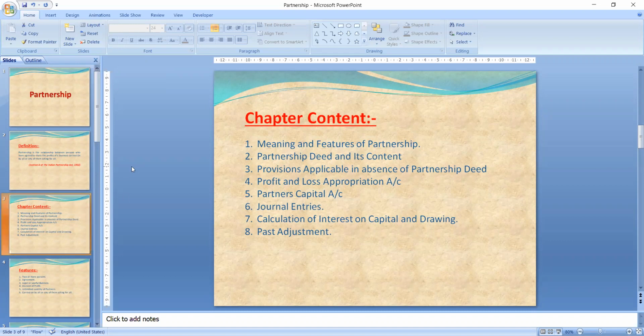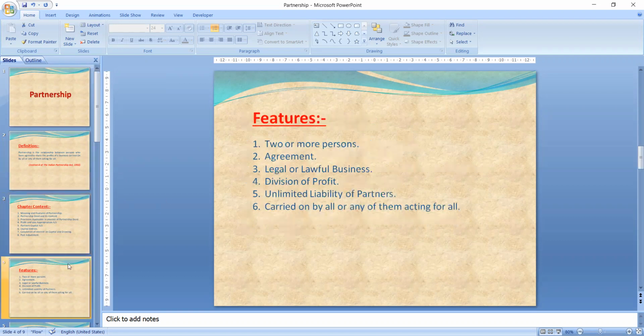So we already know the definition, meaning of partnership, and now we move on to features. You can see there are 6 features written here. First is 2 or more persons. Before discussing it, you should know that features arise from the definition.